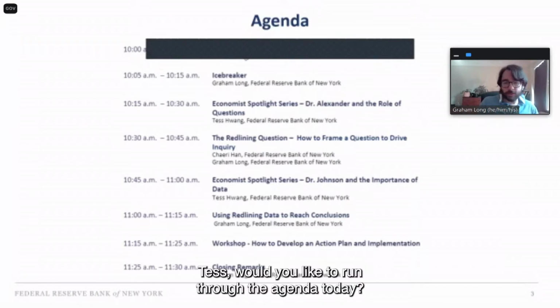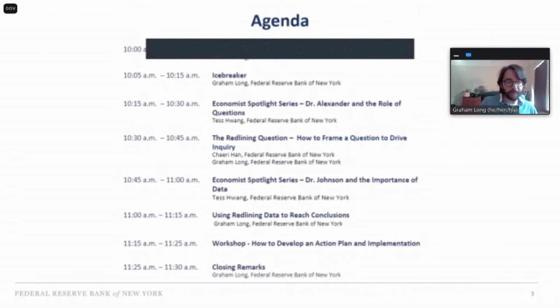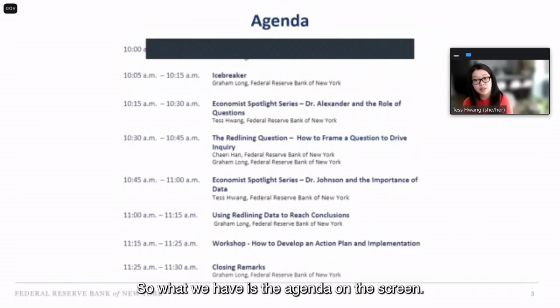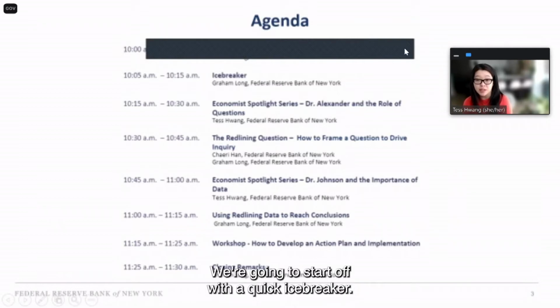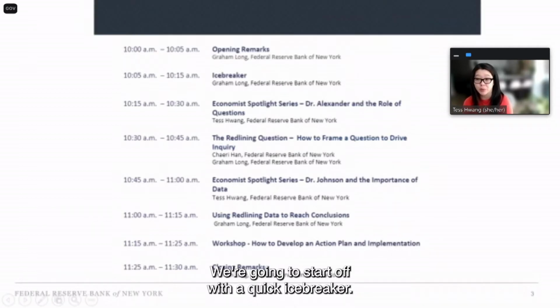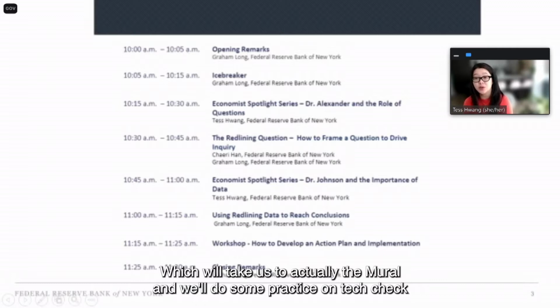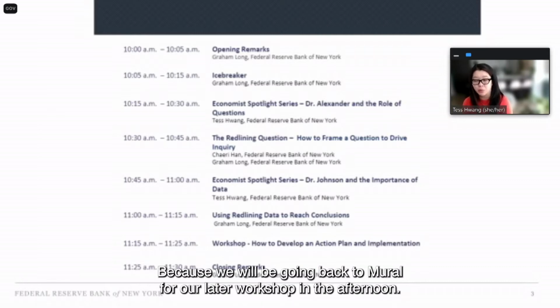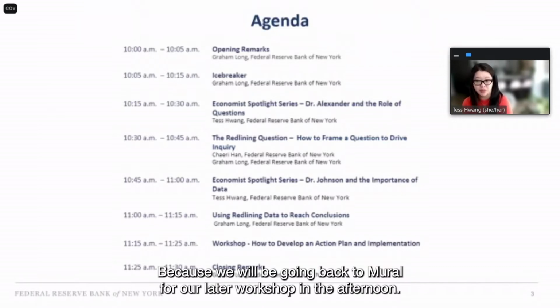Tess, would you like to run through the agenda today? Yeah, absolutely. So welcome. The agenda is on the screen. It will take us all the way till 11:30. We're going to start off with a quick icebreaker, which will take us to the mural, and we'll do some practice on tech check and make sure everybody's comfortable, because we will be going back to the mural for our later workshop in the afternoon.